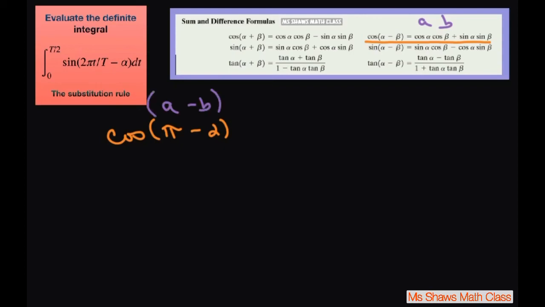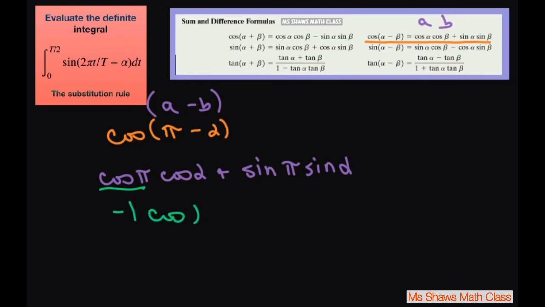You write it out and you get cosine of pi cosine of alpha plus sine of pi sine of alpha. Cosine of pi is negative 1, so you have negative cosine of alpha here.